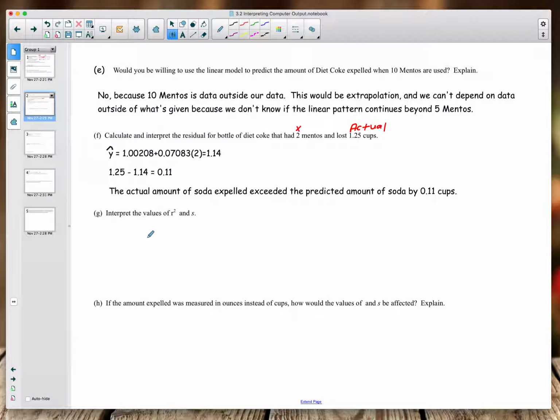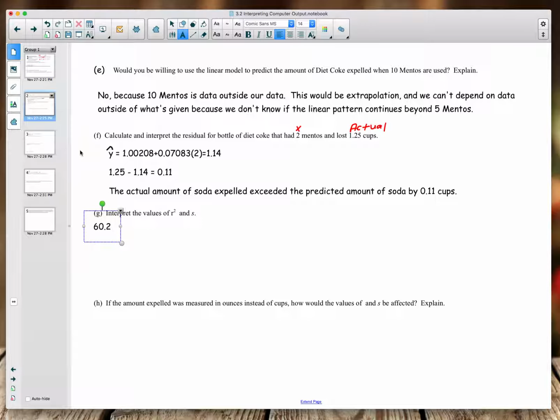All right, so interpret the values of r squared and s. To interpret the value of r squared, remember you can use that fill in the blank sentence on page 181. In this case, we would just say we're using that percent.